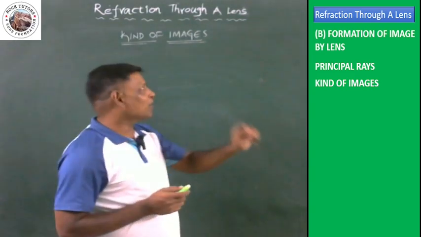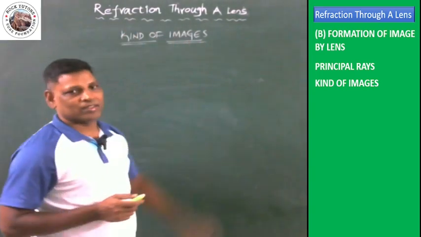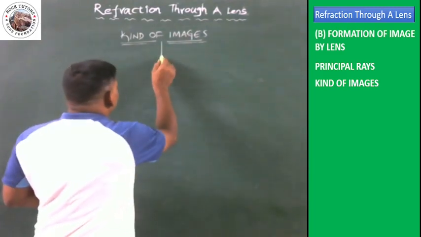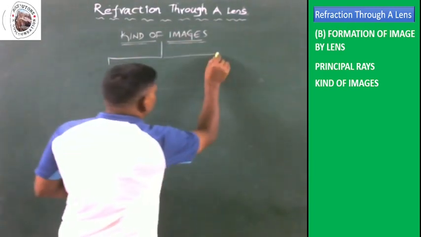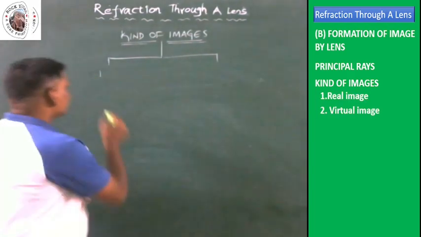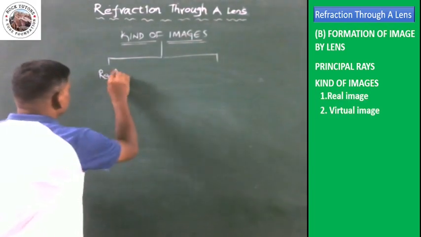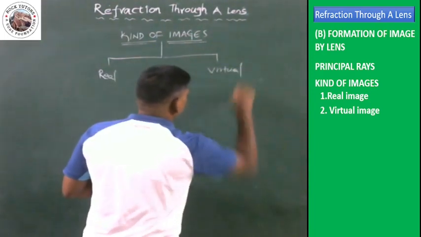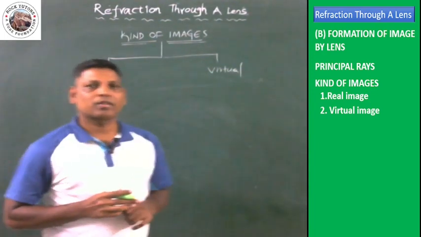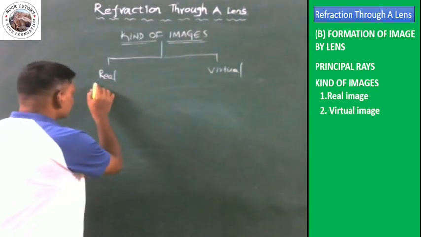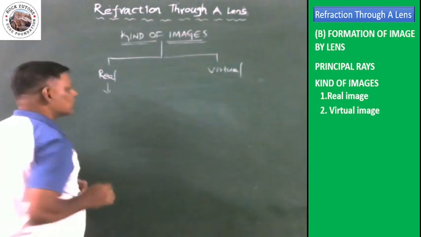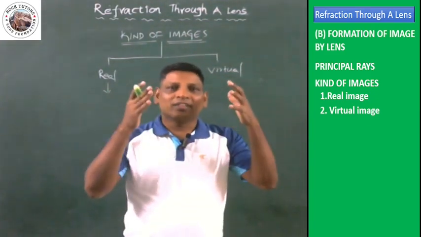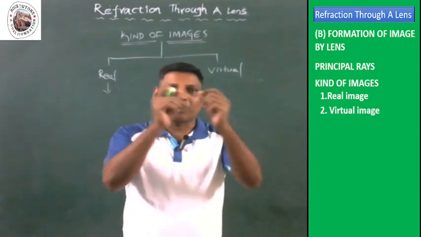We'll discuss kinds of images. These images are mainly two kinds: one is real image and another is virtual image. Real image means after refraction, the rays really meet at a particular point.